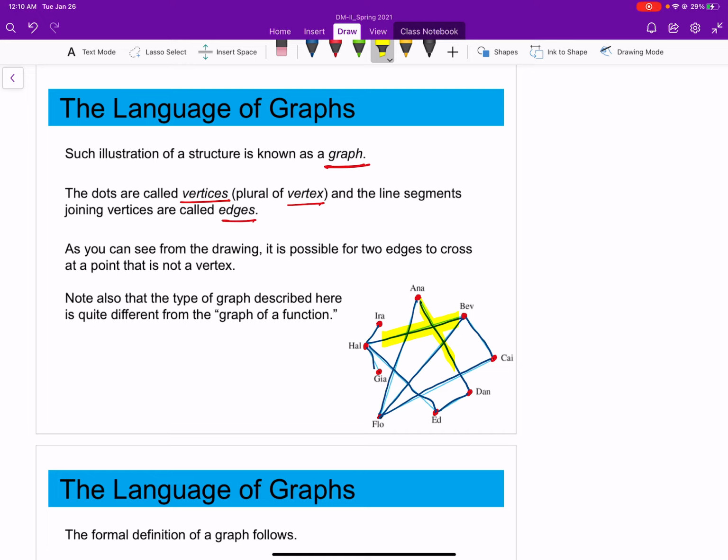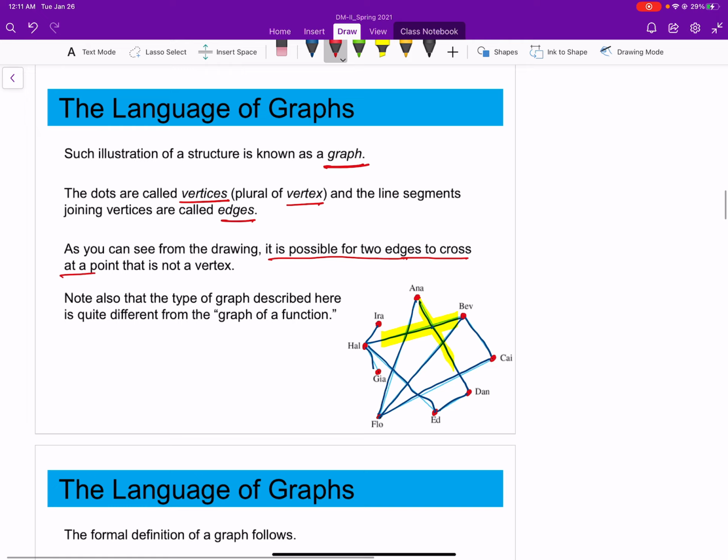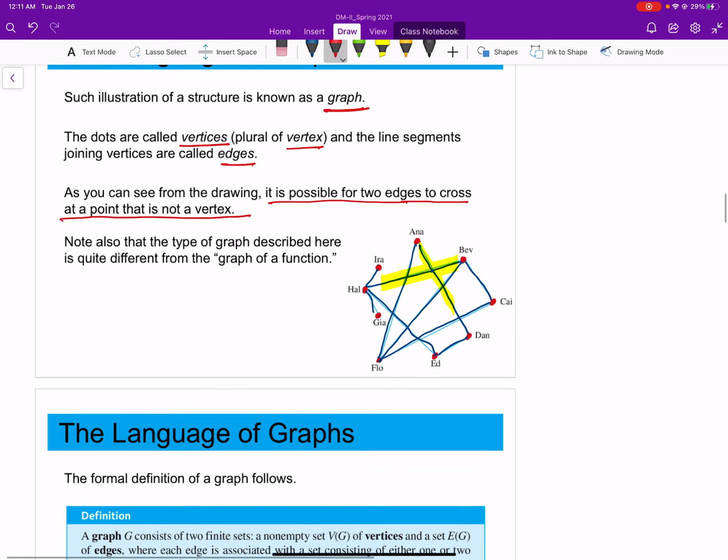So this edge crosses that edge at this point, but that is not a vertex. Keep that in mind. Sometimes there are edges which are crossing each other, but that point is not a vertex. If it's a vertex, then you have to mark it as a dot. It is possible for two edges to cross at a point that is not a vertex. All right, go forward.